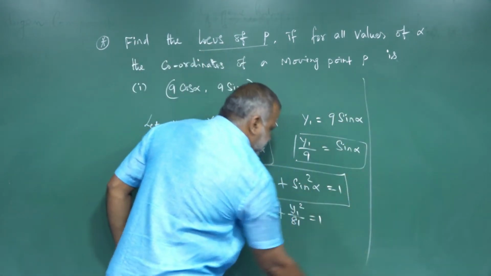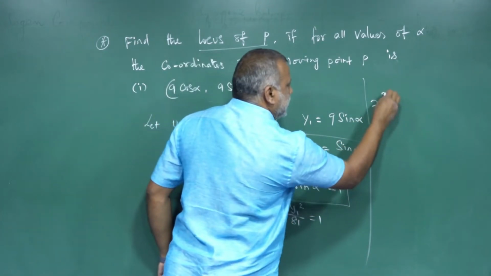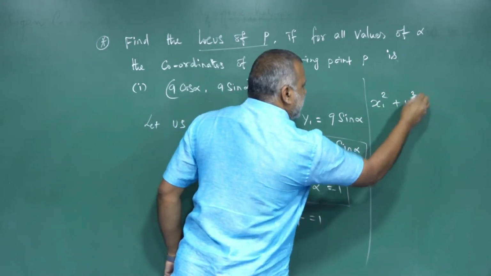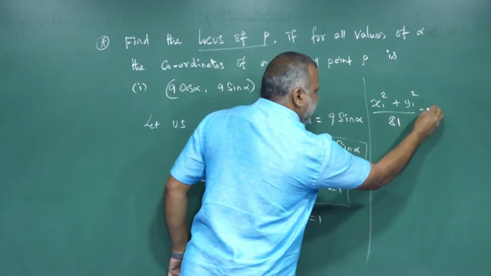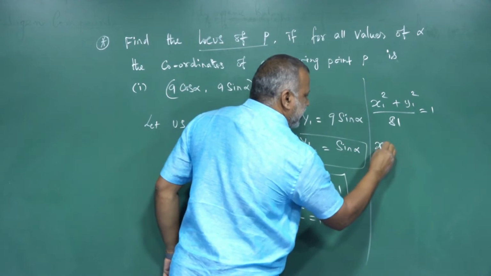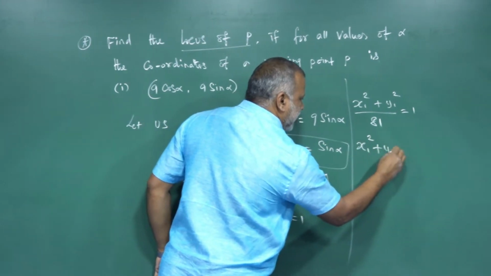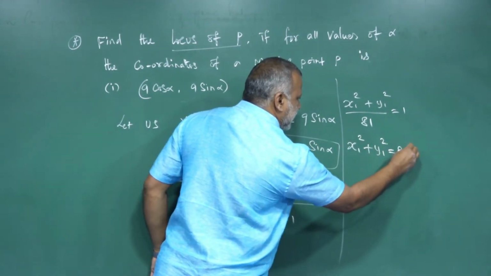Rearranging with the common denominator 81, and cross multiplying, we get x1 squared plus y1 squared equal to 81.